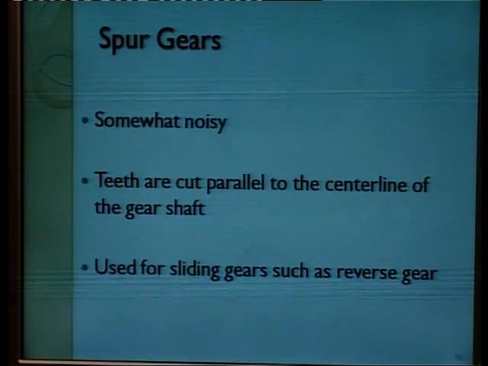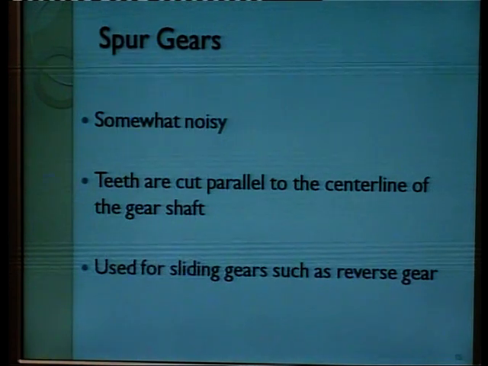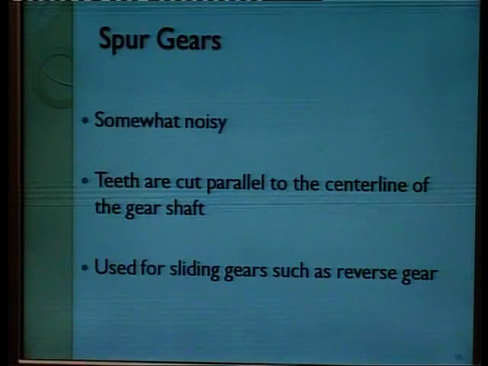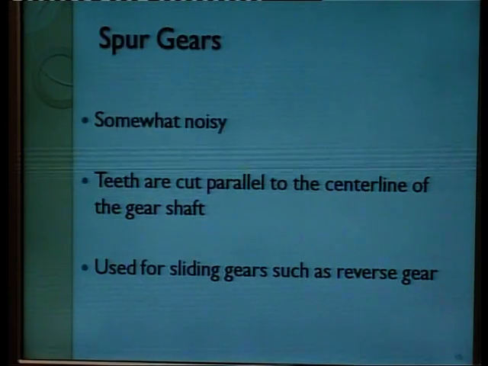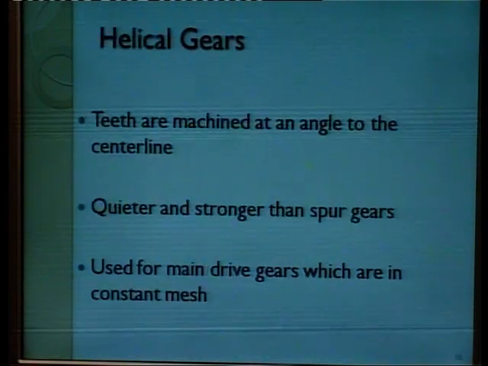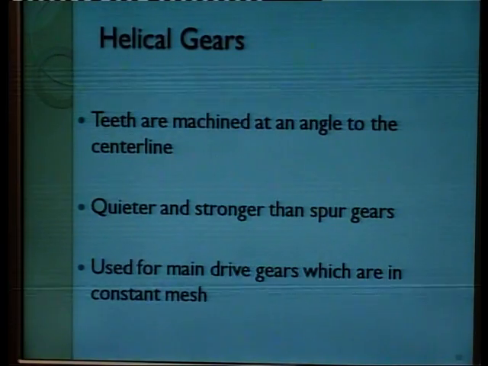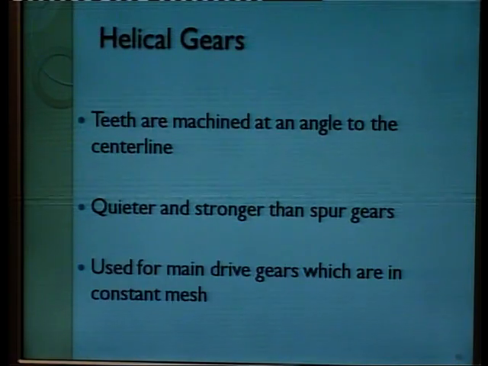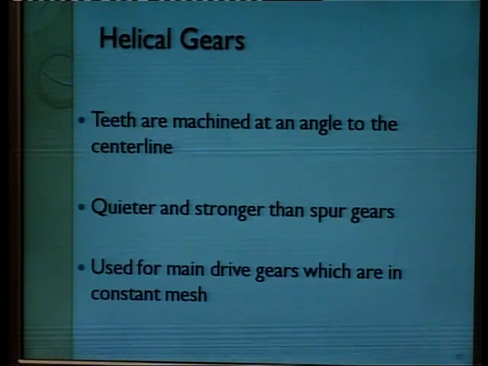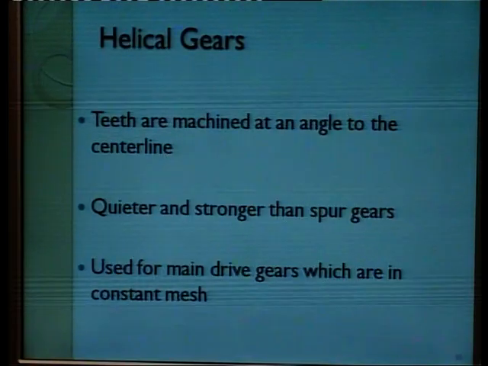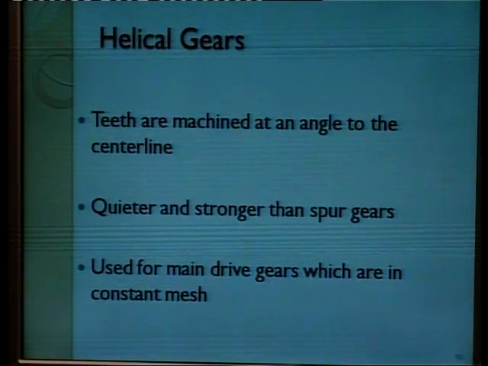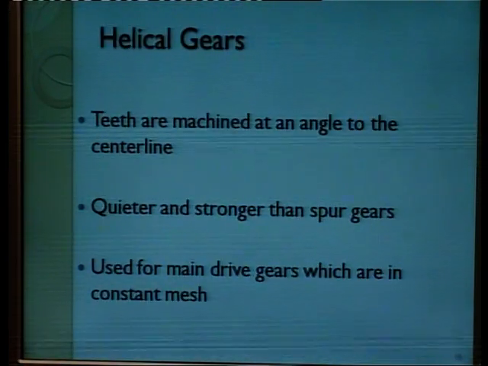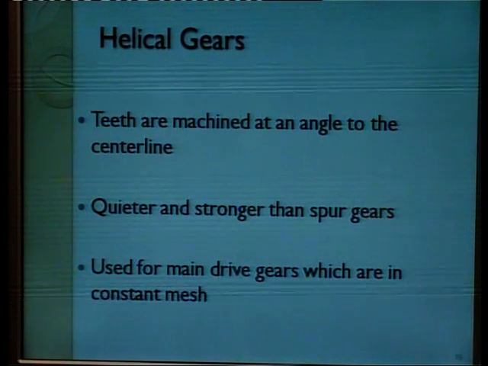The teeth are cut parallel to the center line of the gear shaft, and spur gears are generally used for sliding gears such as the reverse gear. Another category is helical gears, in which the teeth are machined at an angle to the center line. Their running is quieter and stronger than spur gears, and they are used for main drive gears which are in constant mesh.